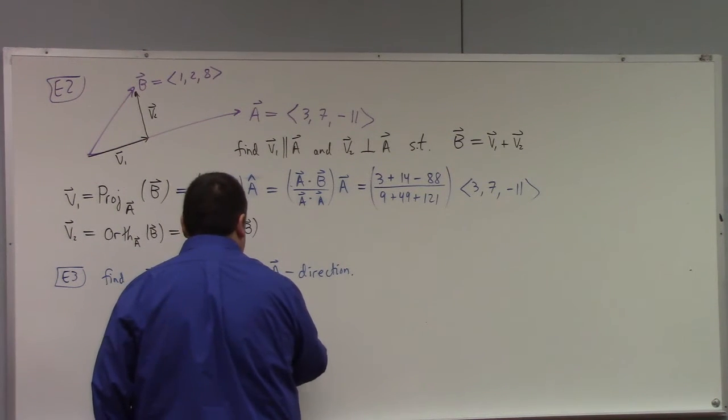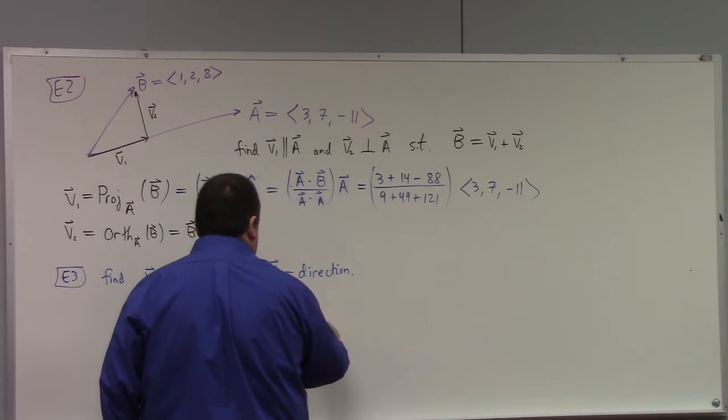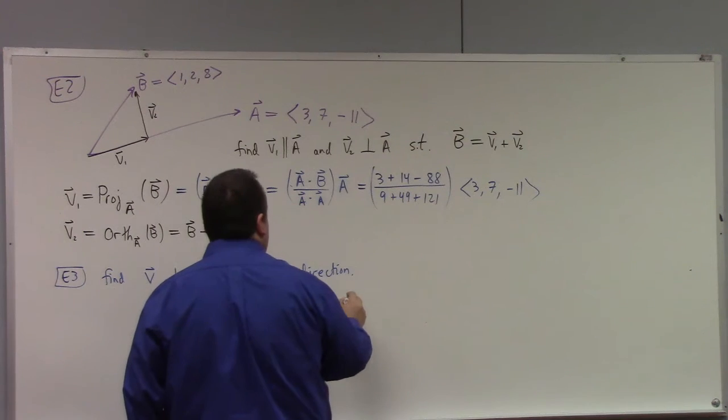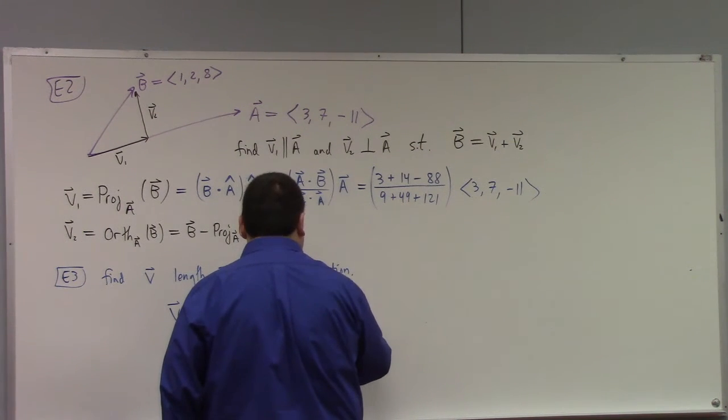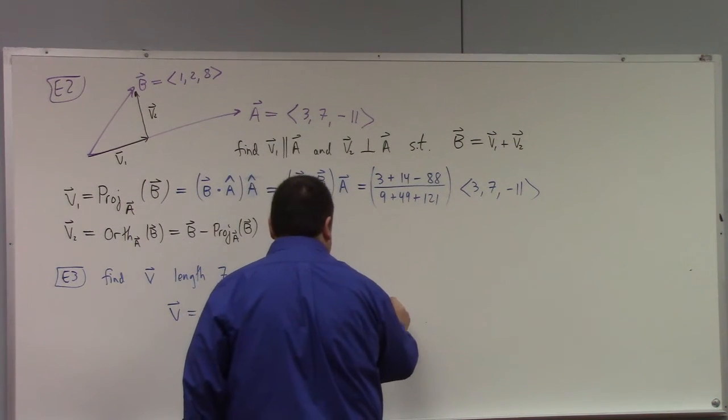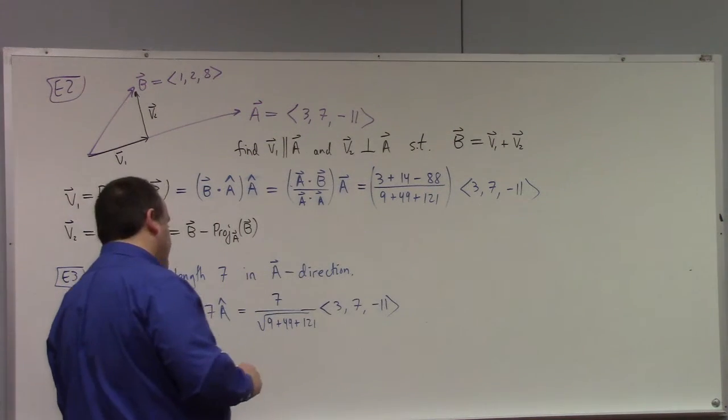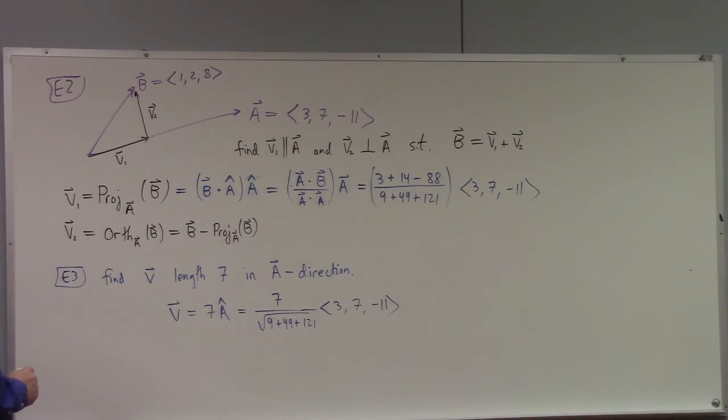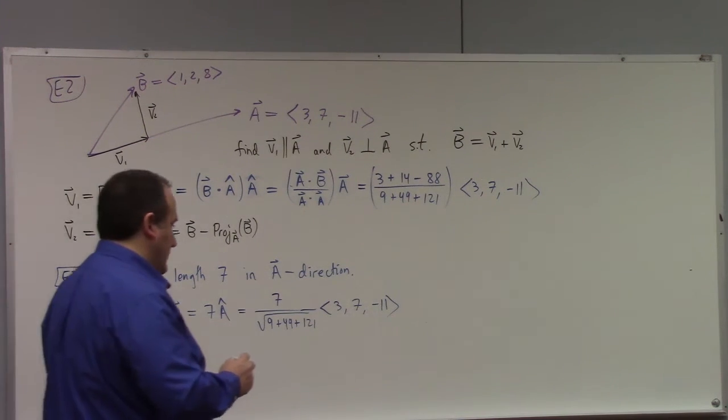7 divided by the square root of 9 plus 49 plus 121, whatever that is. And my A vector was 3, 7, minus 11. Which gives me what, like 130, 170, 179.